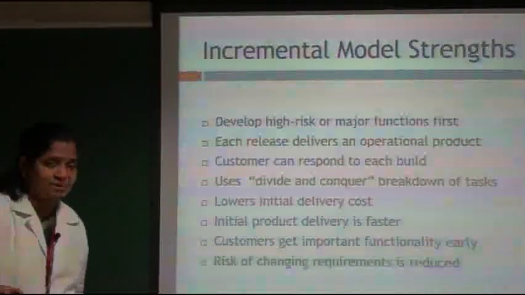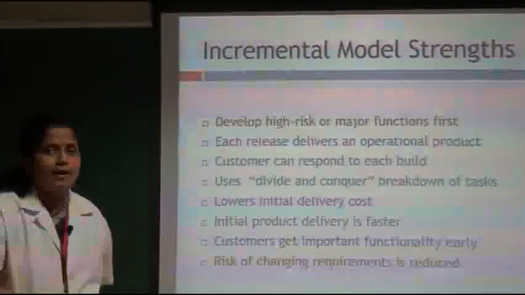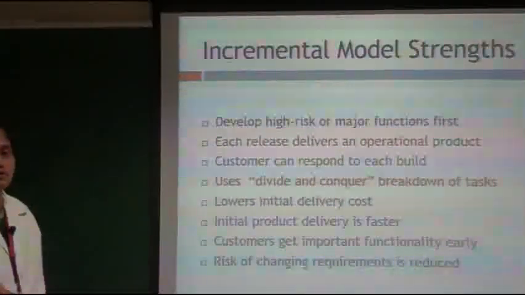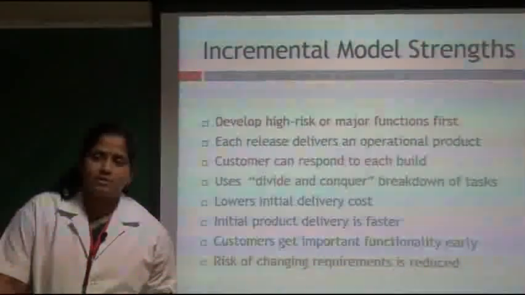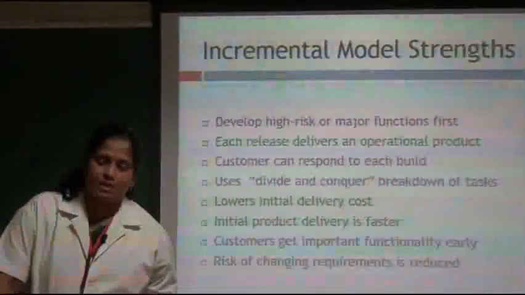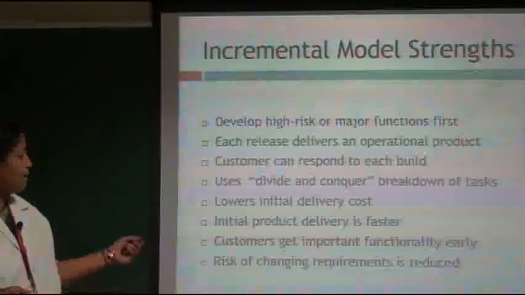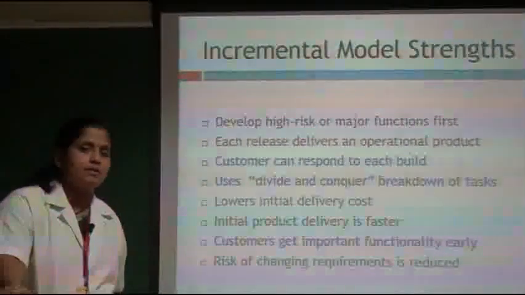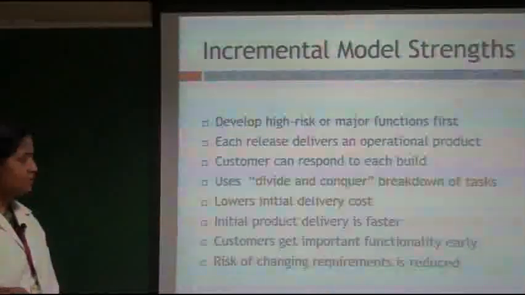Lowest initial delivery cost. Since only one small function is delivered initially, the delivery cost will be less. Initial product delivery is fast. In the beginning the customer will keep quiet, because they will keep getting output from the company. Initial product delivery is faster. Every 3 months or every 2 months a new product can be given to them, and customers get important functionality early.